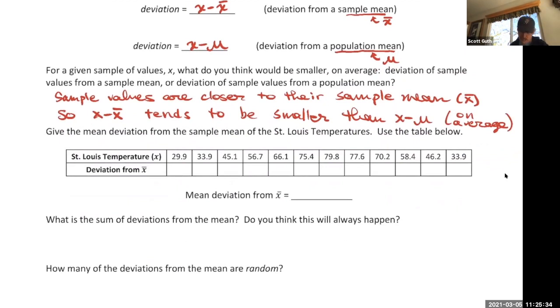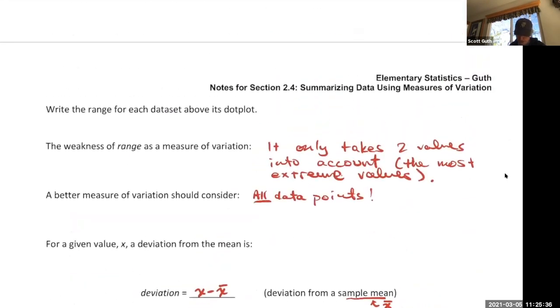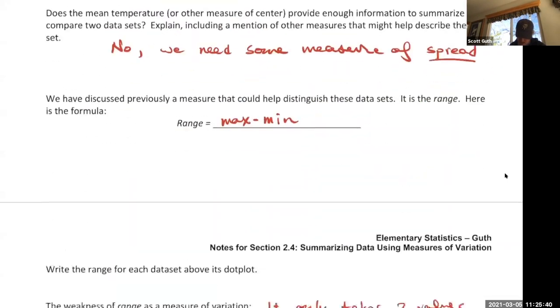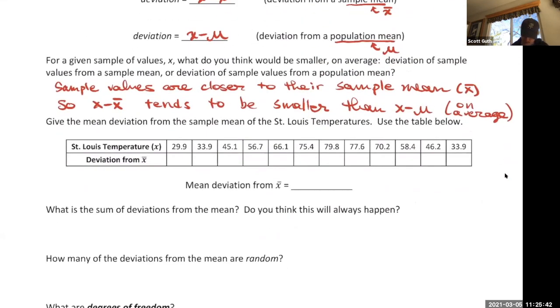Okay, so we're going to do the St. Louis deviations. For St. Louis, the mean was 56.1. That was without rounding. So here the mean, that's x bar, is 56.1.